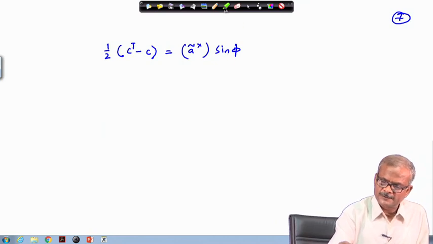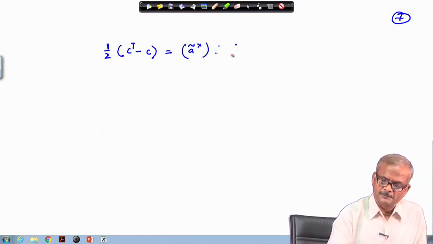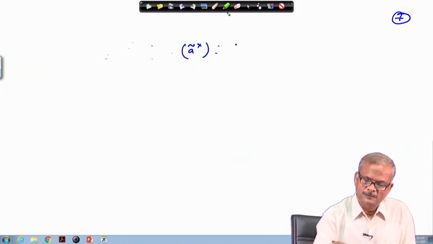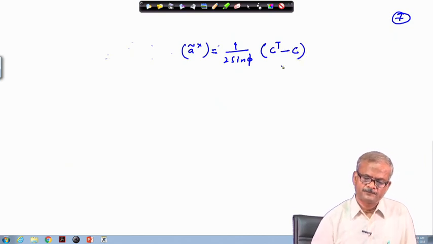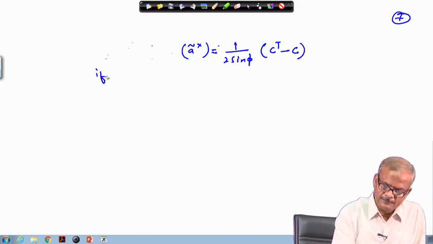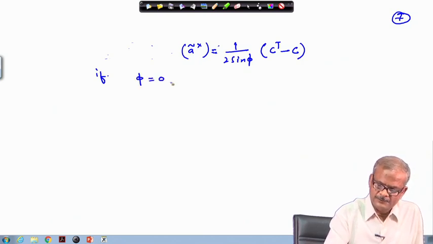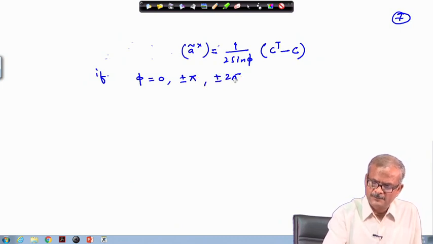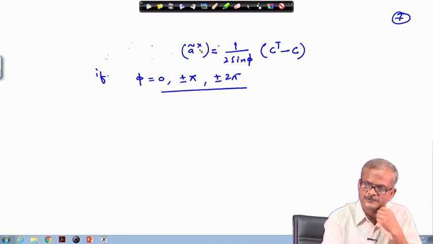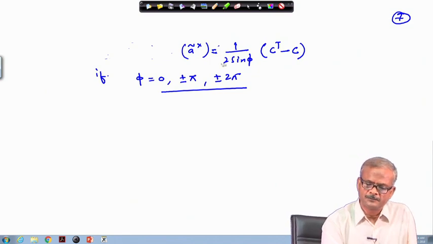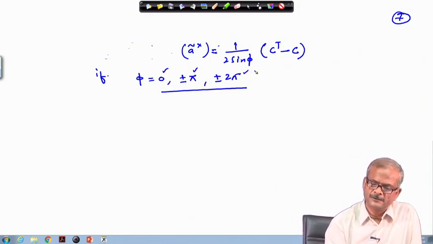So, A tilde cross equals 1 by 2 sin phi times C transpose minus C. Now, if phi equal to 0 or plus minus pi or plus minus 2 pi, we can see that sin phi reduces to 0 and therefore A cross is not defined. So, this is a problem: for these values we face certain difficulty.